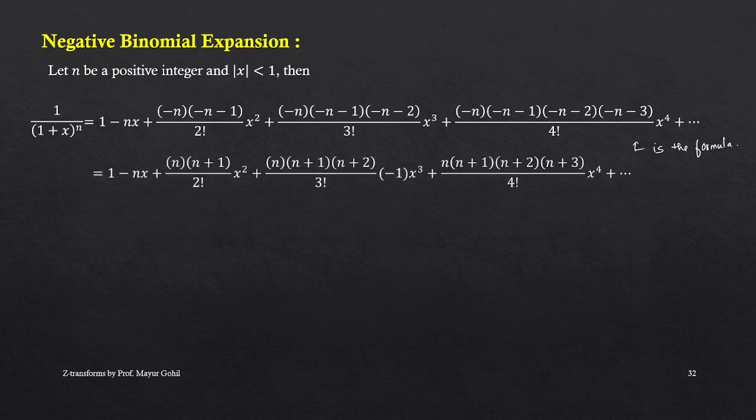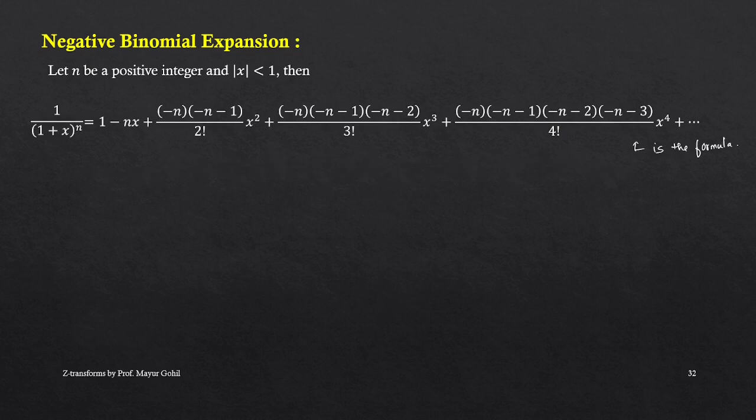In the first step, you see 1 minus nx, that is okay. Then there is minus n and there is minus n minus 1. So let us understand this in detail.